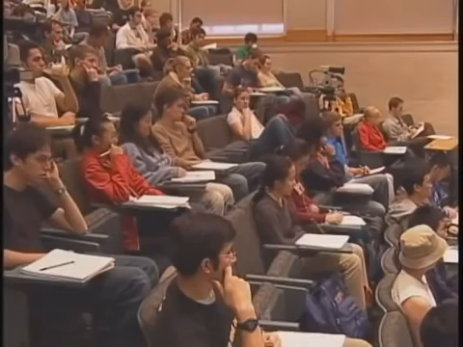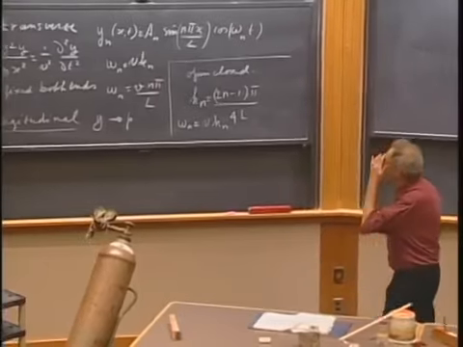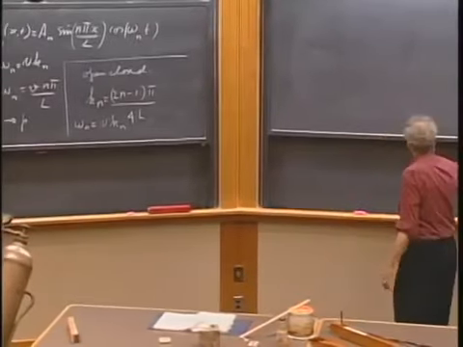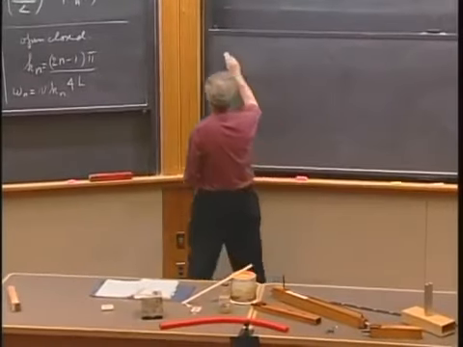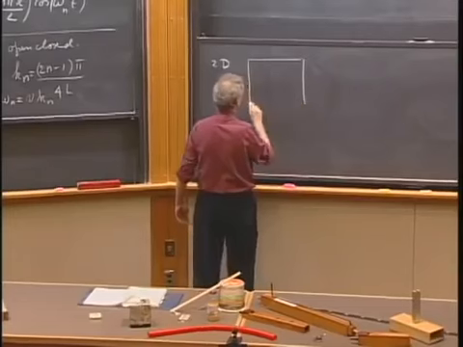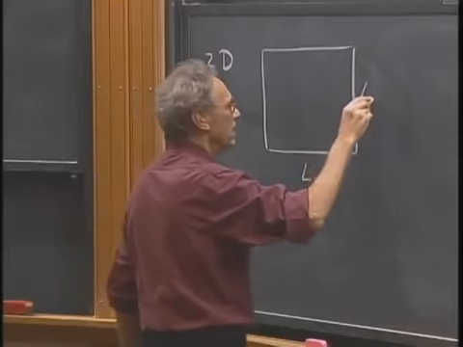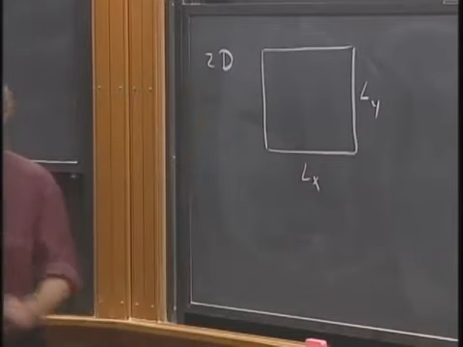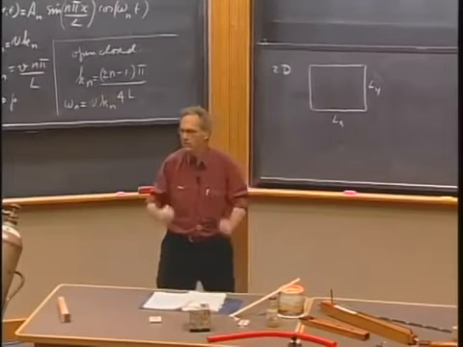So everything comes from boundary conditions, and now I want to make the step from one-dimensional to two-dimensional. If we go two-dimensional, which is easy to do, and we can even demonstrate that, so this has length Lx, and this has length Ly. Could be a frame with a soap film, a membrane which can oscillate.